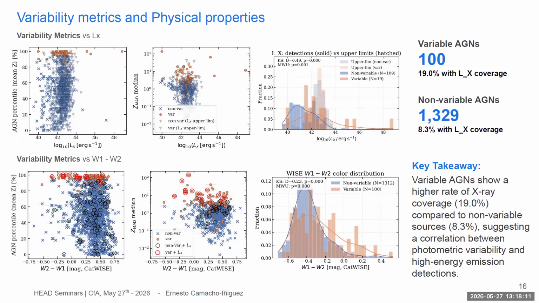Two, that across the variable set of AGNs, we have a larger X-ray coverage, so around 20% for the X-rays, and 8% for the non-variable set. And the third thing is that we don't see any dependence on the color, so we don't see any change, presence of maybe like obscured torus or not. But it is interesting and it is important to find more X-ray within our variable set in comparison to the non-variable set of AGNs.